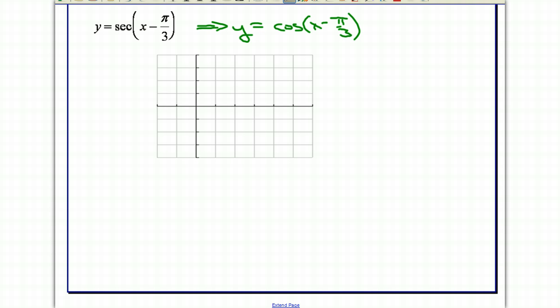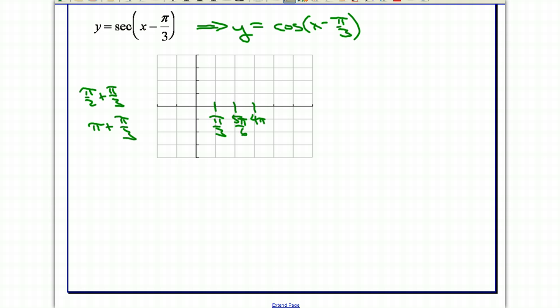So I'm going to take my cosine graph and shift all my key points. So instead of 0, I'll shift to the right pi thirds. When I take my next key point, pi halves, and add on pi thirds, that comes out to 5 pi sixths. Pi plus pi thirds is 4 pi thirds.